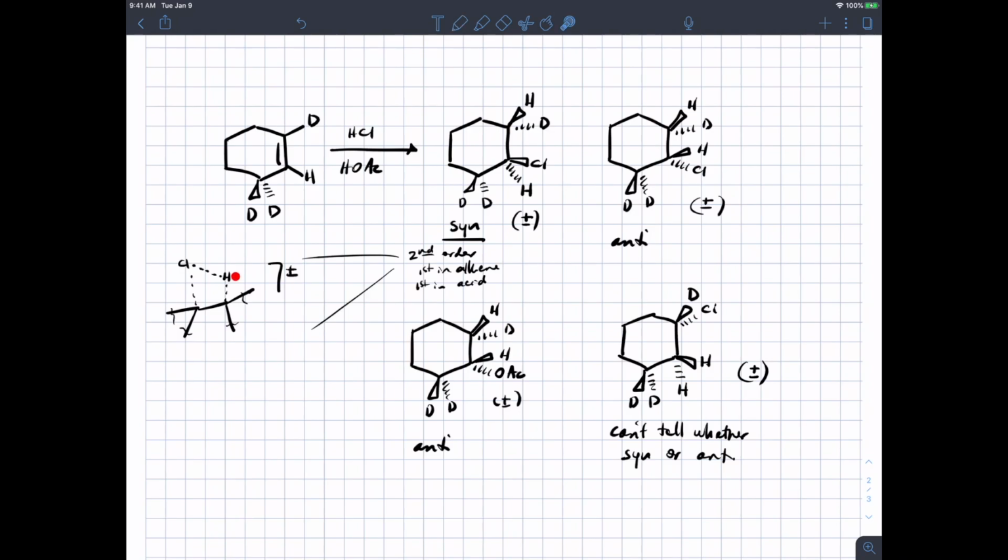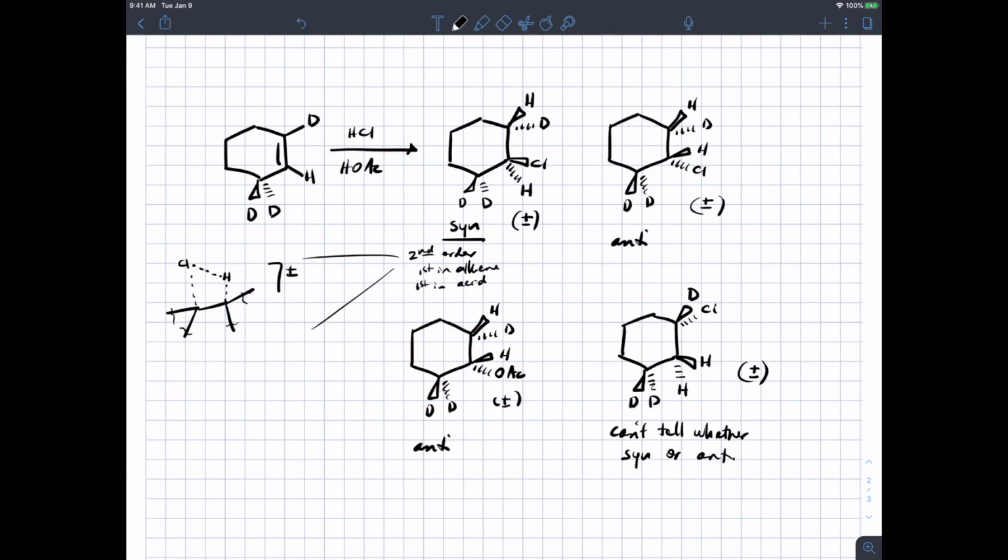So it would be hard to distinguish the mechanism of this reaction as concerted versus stepwise. It wouldn't necessarily be clear whether we have a carbocationic intermediate here. It could be that the addition is concerted, that is, the pi bond attacks at this point while the hydrogen chloride bond attacks there.